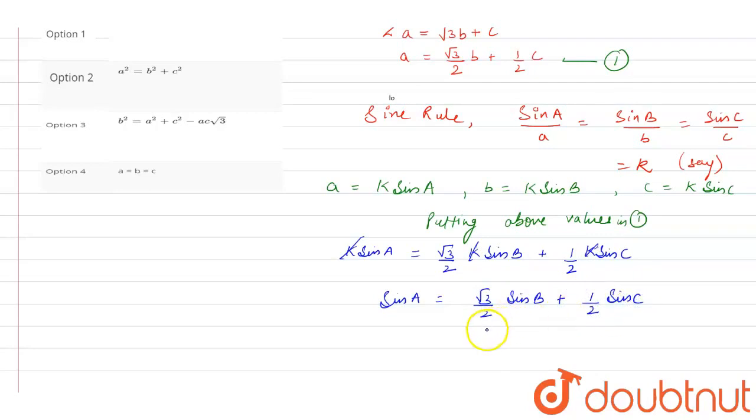Now here we can write this root 3 by 2 as cos B. If we have a right angle triangle with an angle B, we'll definitely represent this as cos B. We are letting this as cos C. If I say cos B, then it is cos C. Alright, I am letting this as cos C. Why am I doing this?